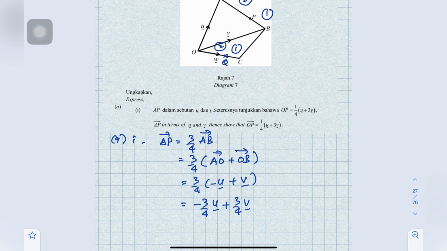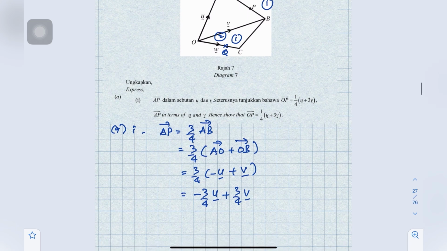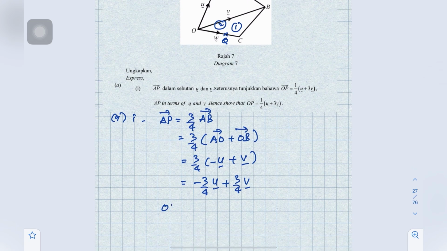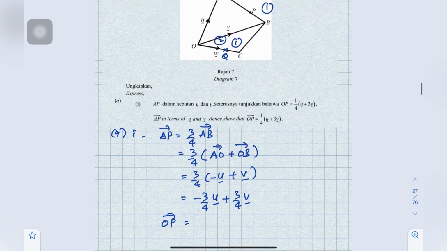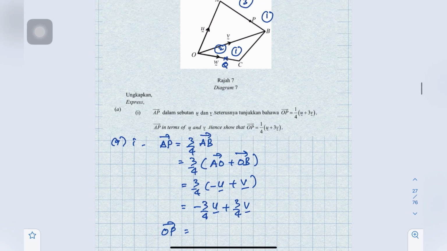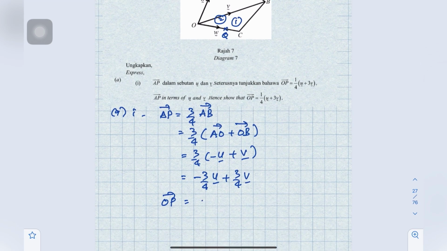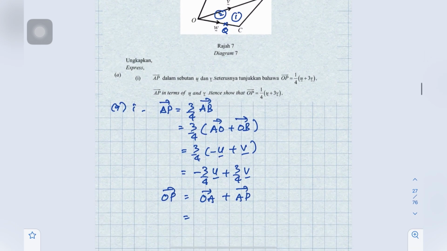So then dia kata hence, maksudnya seterusnya. So OP. Okay, look at the diagram. OP is OA plus AP. Okay, OA is vector U. Okay, AP this one.